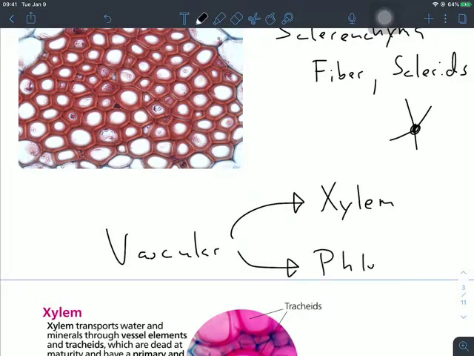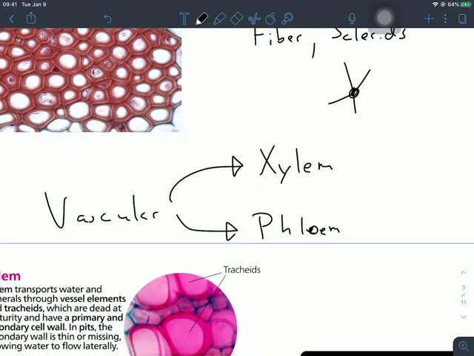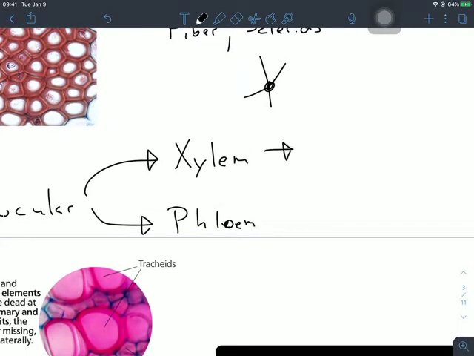So breaking our rule of threes, or our goal of threes, because there are only two different types of transport tissues in a plant. The xylem that transports water, and the phloem that transports your food. Xylem is dead at functional maturity, meaning that just like your sclerenchyma that hollow out their cells in order to perform their final function of support, xylem hollow out their insides in order so that they can best transport water.